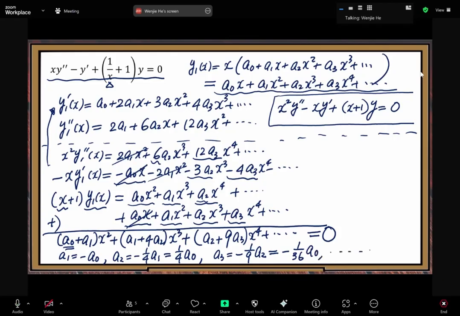That's enough. Then we need to write the y1 function. Let me write the y1 function here.